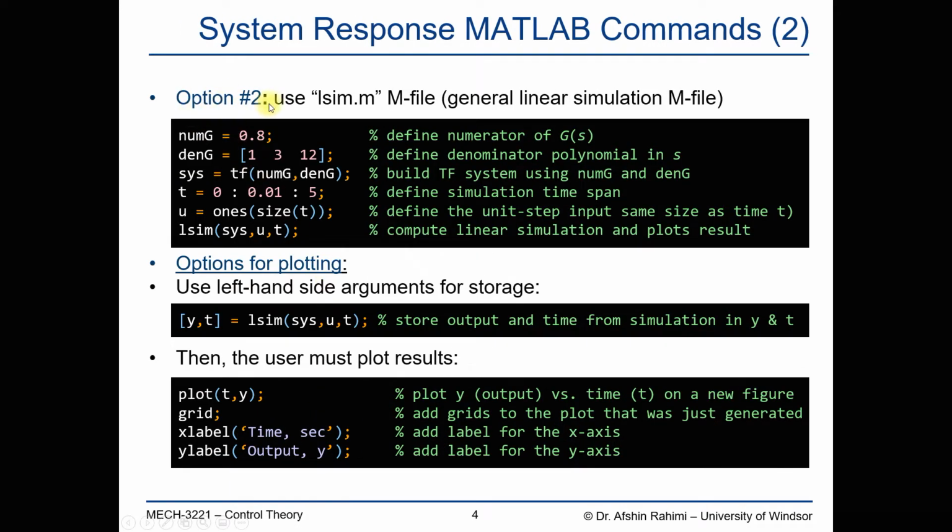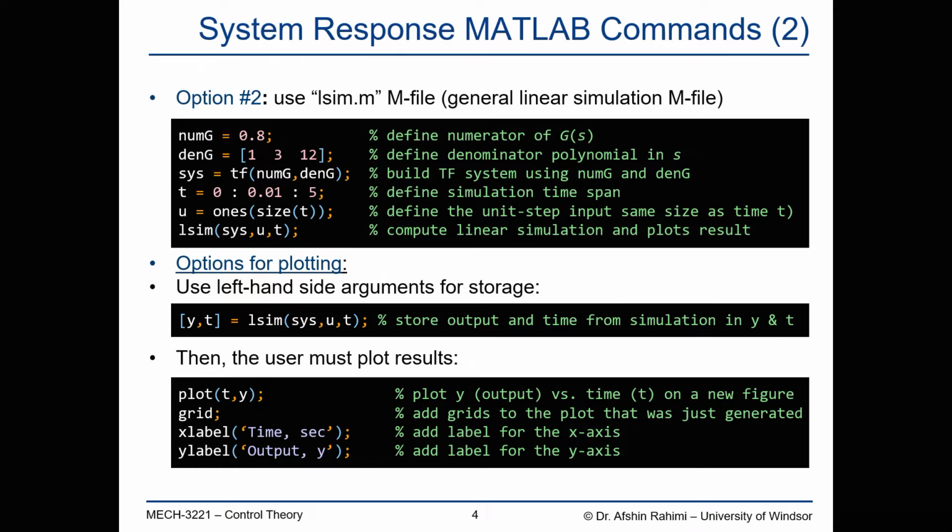We can also use the LSIM function, which is another built-in function in MATLAB, to obtain the same response or output. So to do this, we are going to go back to MATLAB and we're going to start writing the same thing that we did, but this time we're going to use the LSIM function.